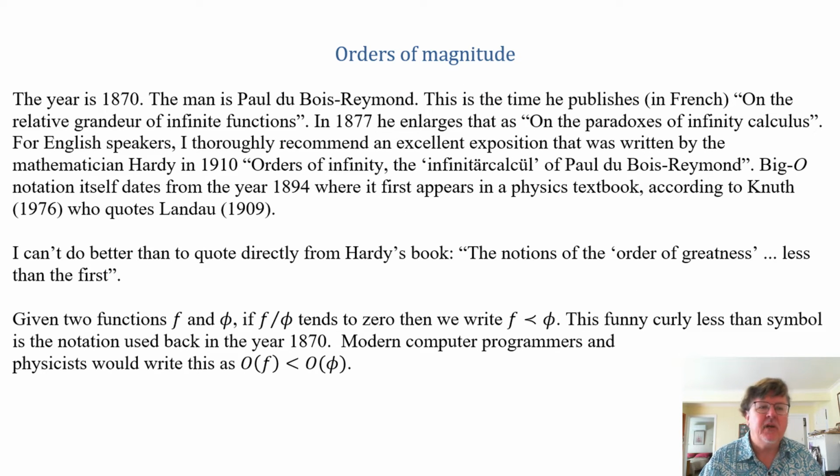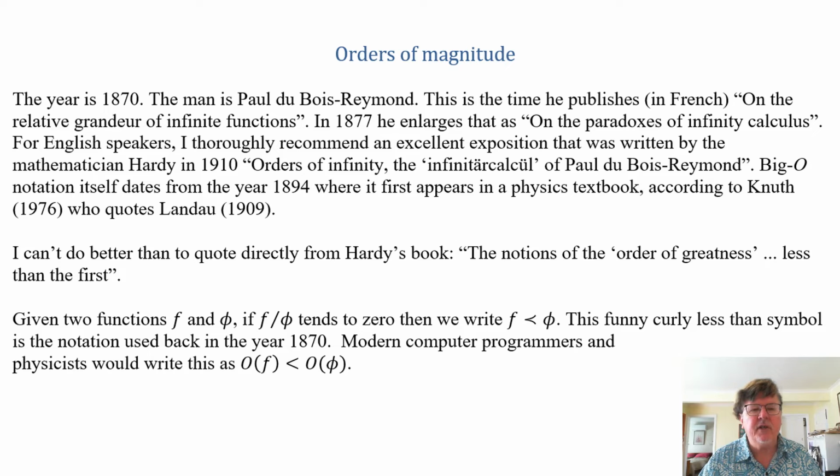Going back in time, the year is 1870. The man is Paul du Bois-Reymond. This is the time he publishes in French on the relative grandeur of infinite functions. In 1877, he enlarges that as on the paradoxes of infinity calculus.